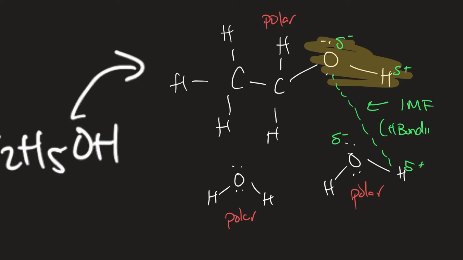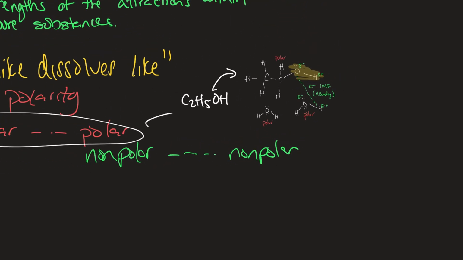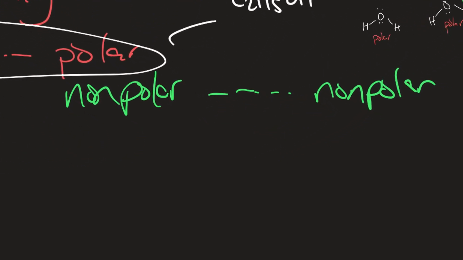And we talked about this in a previous video. So this is that strong attraction. This is the whole idea of like dissolves like, polar molecules dissolving into one another. That's an example of that. And then nonpolar is the same idea.